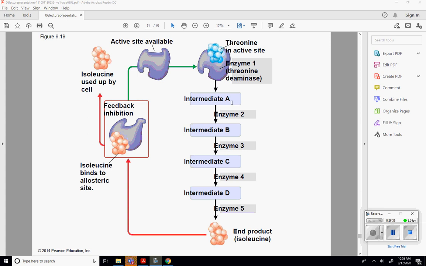Then a series of enzymes and intermediate enzyme substrates and products happens, creating this in the end, and this actually becomes the inhibitor. It would be a non-competitive inhibitor type situation. Isoleucine binds to the allosteric site, and you see how that changes here. So that's feedback, where it's stopping this continued process of making more of these. If there's enough of these around, it can stop the process.